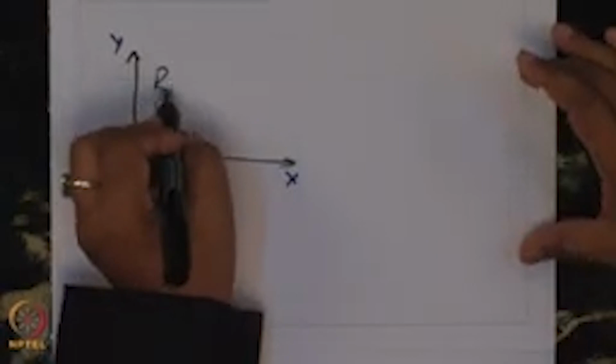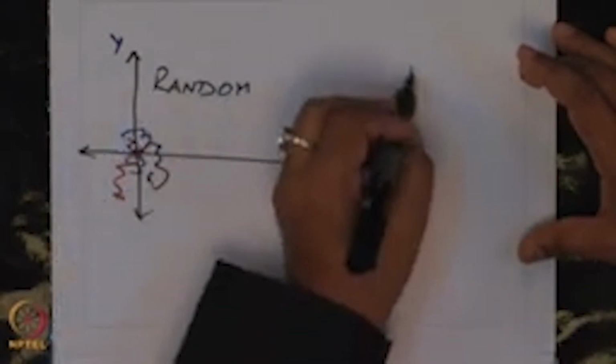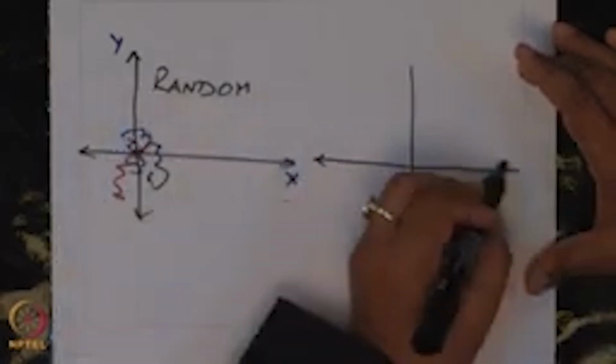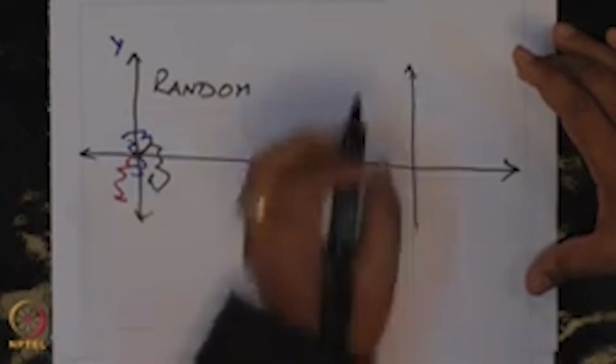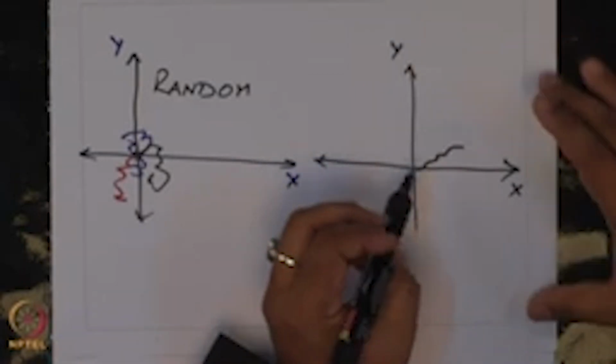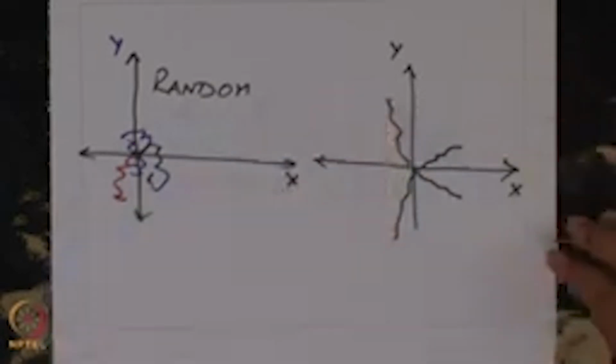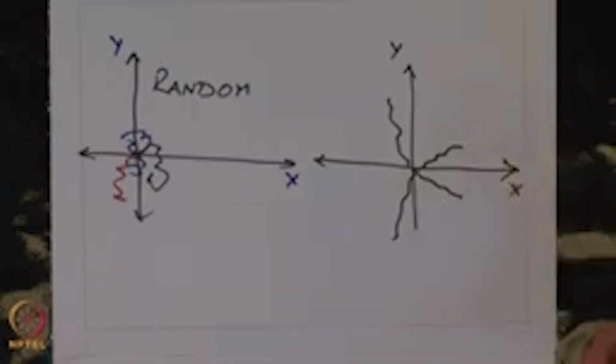So, this is random. If you had cells where the trajectories looked more like this, you would agree with me that this migration is more persistent.